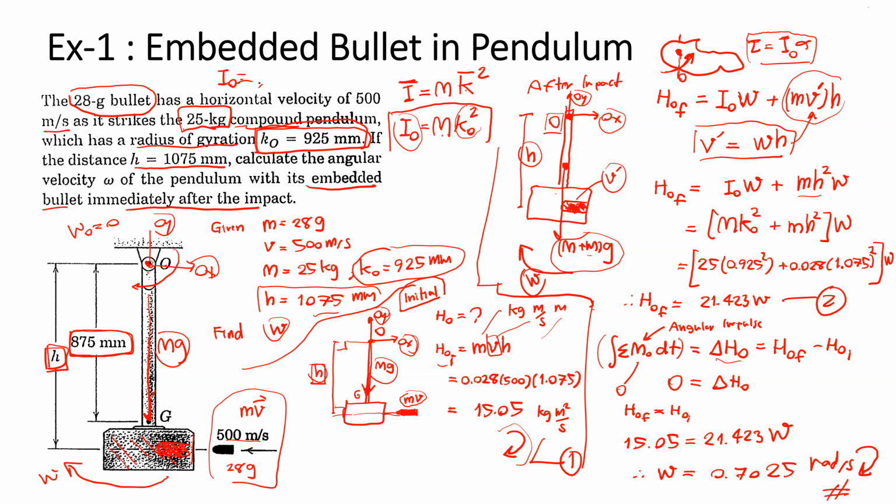But they may not give you information in this way. They give you the mass and the radius of gyration.